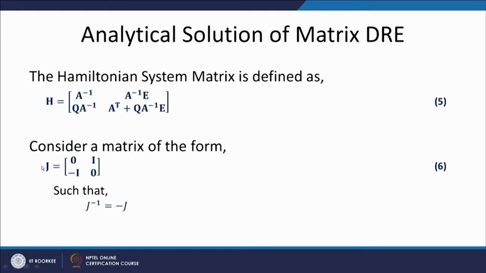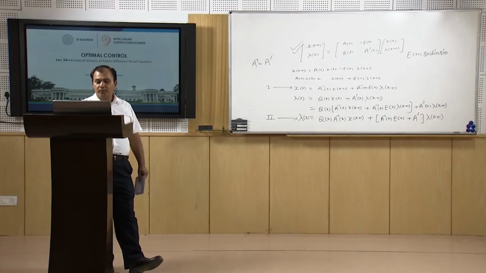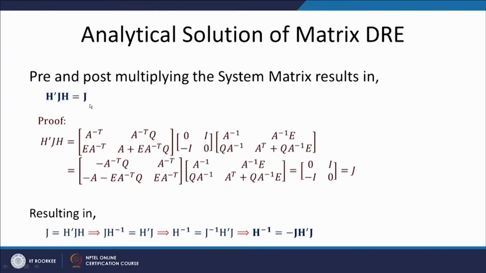If I take the inverse of J, I can very easily prove this is nothing but equal to minus J. Minus J means only these two elements interchange their sign. So, I have J inverse as minus J. I can easily prove further that H transpose J H is nothing but equal to J, which is given here.